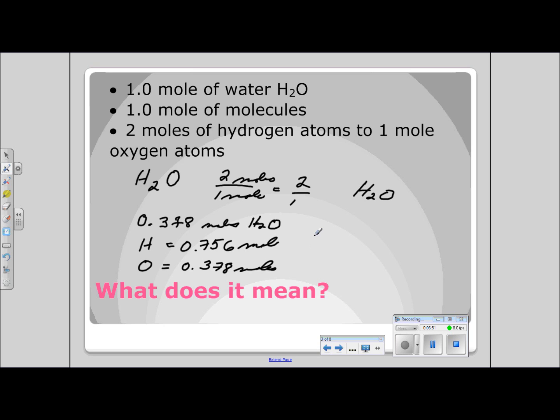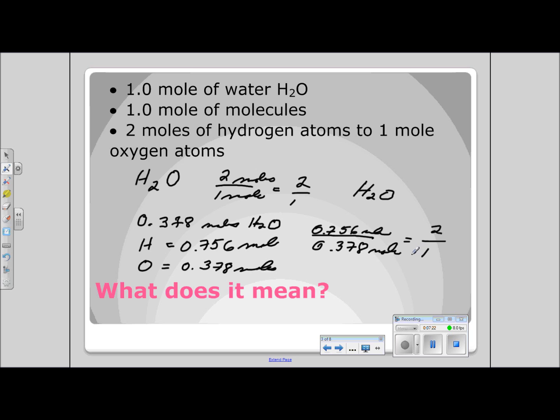The ratio of hydrogen atoms to oxygen atoms is 0.756 moles to 0.378 moles, which would be equal to a 2 to 1 ratio, which is still the same as the chemical formula.